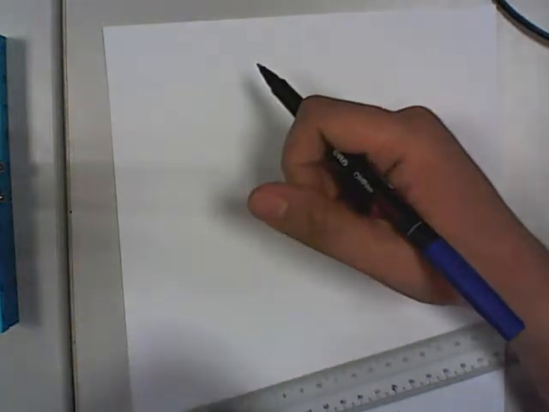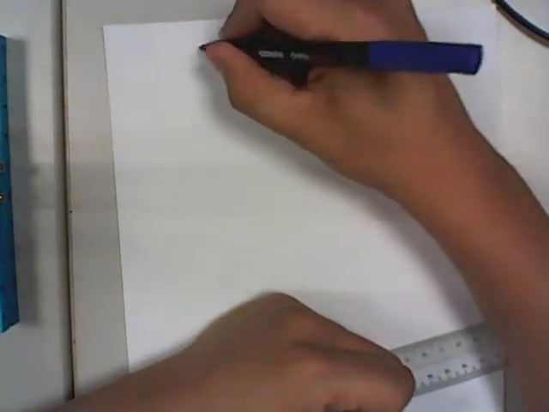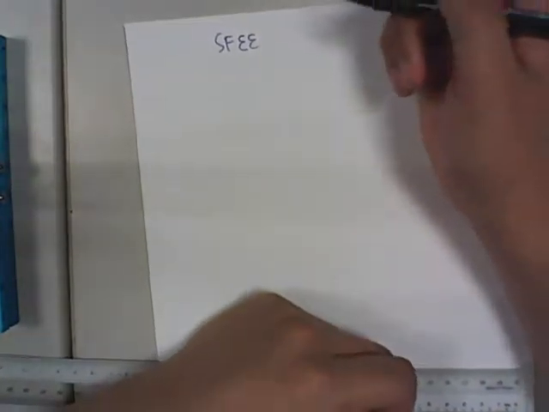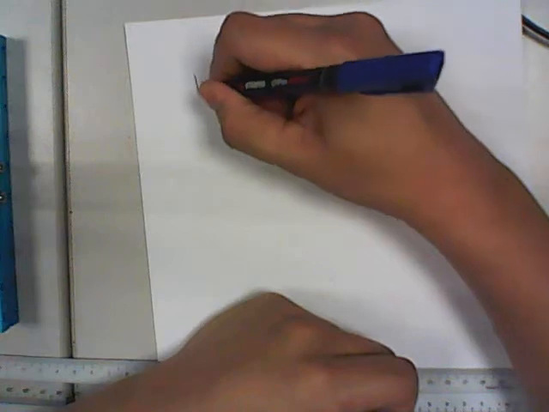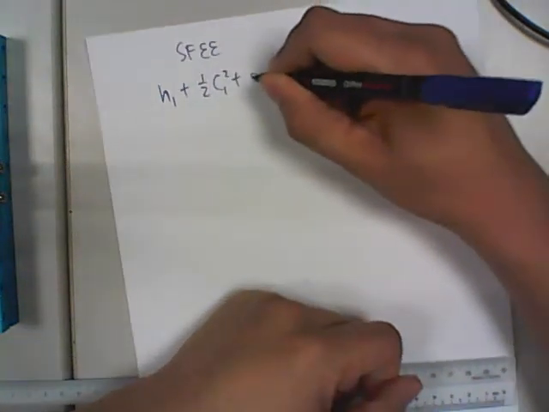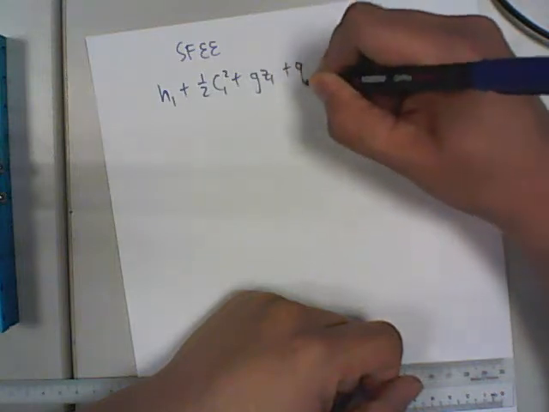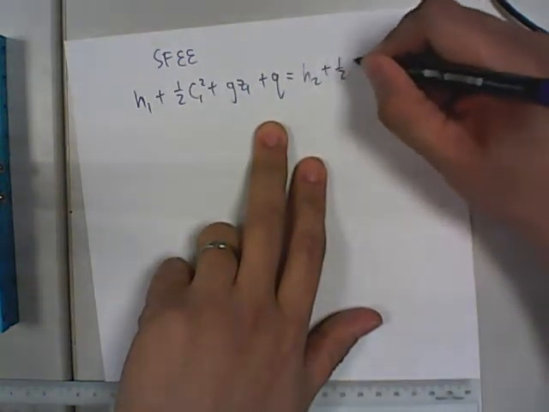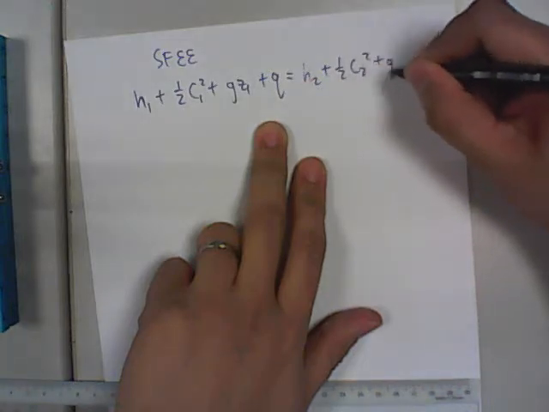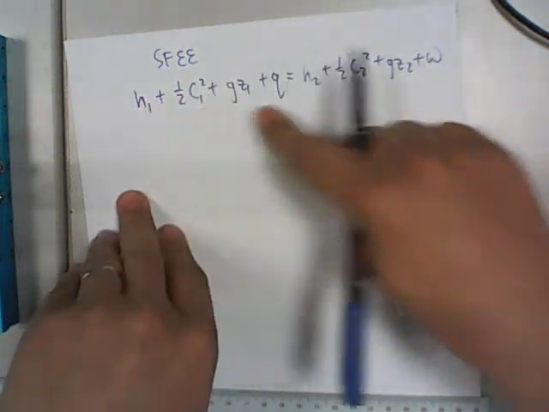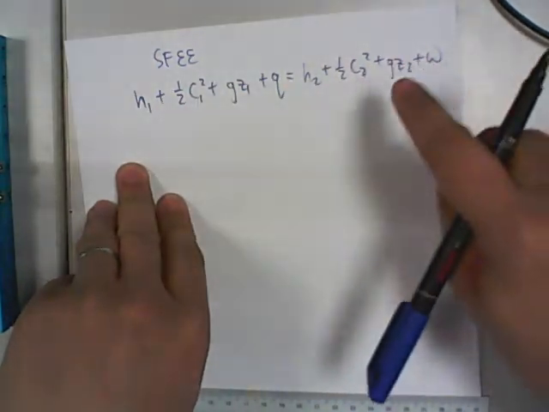So if you remember our first law, our SFEE, the full form is actually like this: H1 plus half C1 square plus GZ1 plus Q equals to H2 plus half C2 square plus GZ2 plus W. So this is steady flow, which means this is a flow problem from the inlet to the outlet.